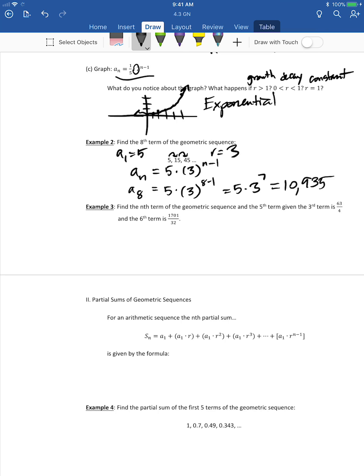How can we go about solving this? Well, we need the nth term, and we need the 5th term, which we'll get after we find the nth term. I know that the 3rd term is going to be the first term times whatever r is to the 3 minus 1 power. So 3 minus 1 we know is the 2nd power.